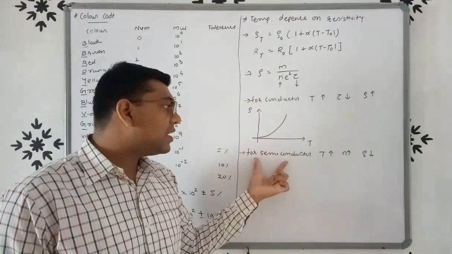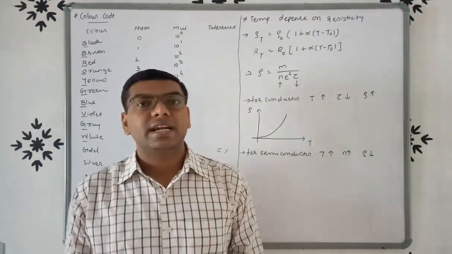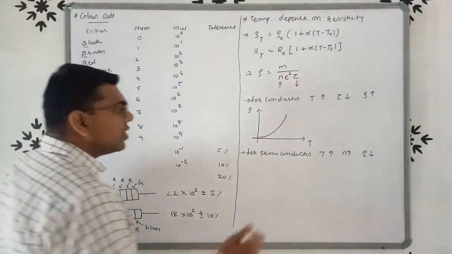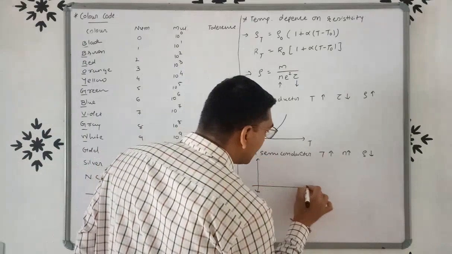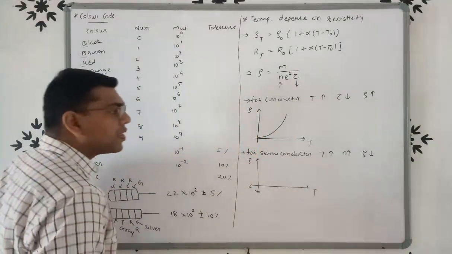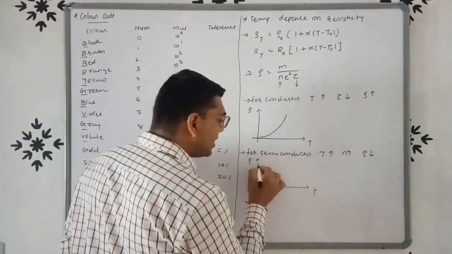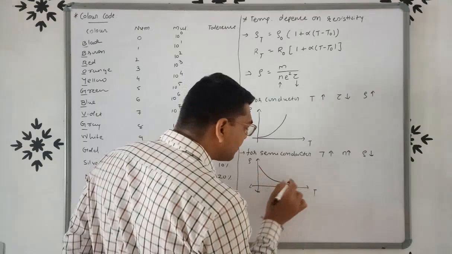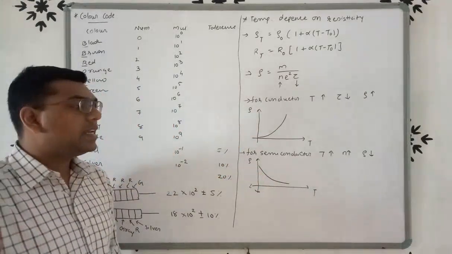So for a semiconductor, as the temperature increases, resistivity decreases. If we want to draw this graph for a semiconductor, here is temperature, here is resistivity. As the temperature increases, resistivity decreases. So the graph will be like this.